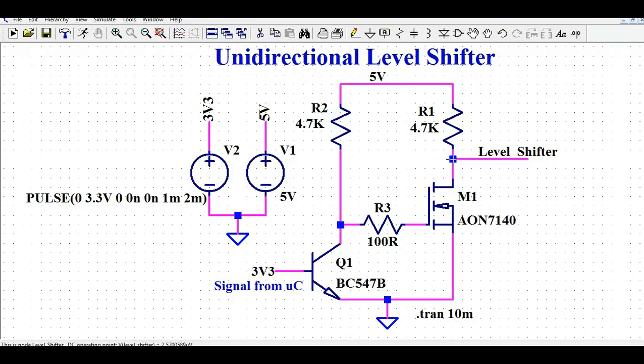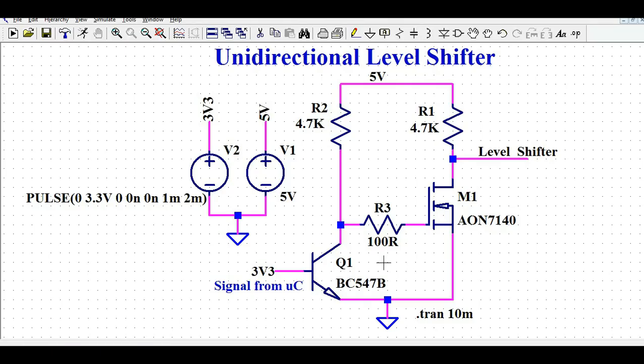And if you look at this side, the drain of your M1 is again pulled up, connected with a 4.7K resistance to the 5 volt power supply, the 5 volt rail. If you look at the emitter of Q1 and the source of M1, they are both shorted together.